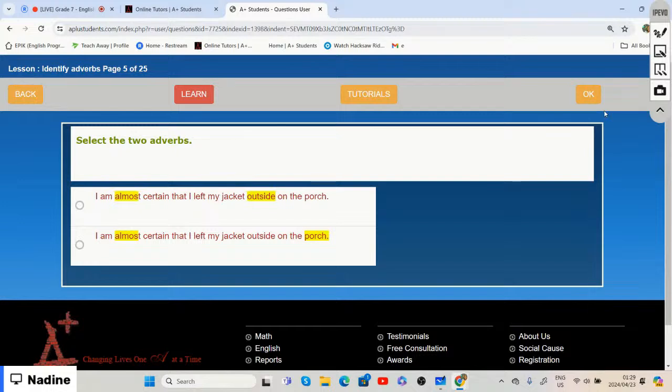So now we're going to have to choose the adverbs, right? Is it option one, "almost" and "outside," or "almost" and "porch"?